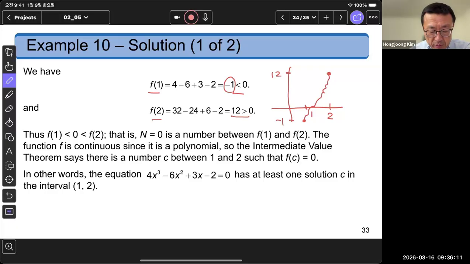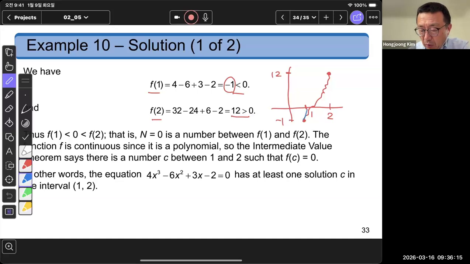Or this may not be the true form. The graph may oscillate. I'm not sure yet. But since the graph of the function is continuous between 1 and 2, the graph must go through the x-axis at some point, or there may be multiple intersections between the graph of the function f and the x-axis.